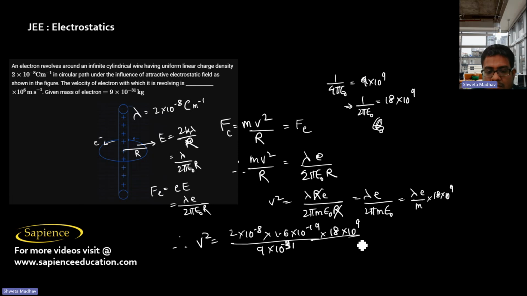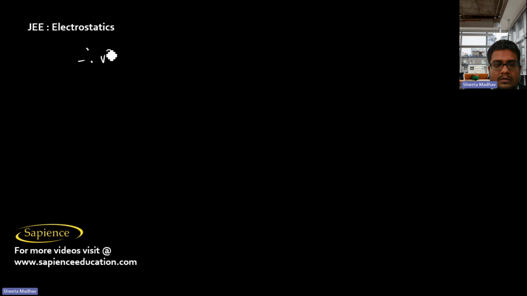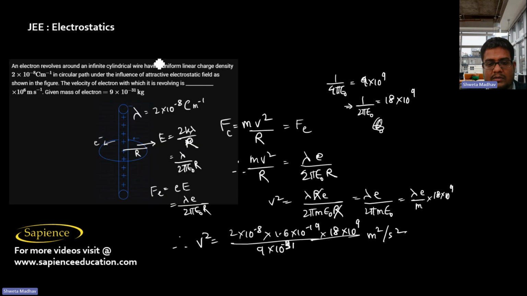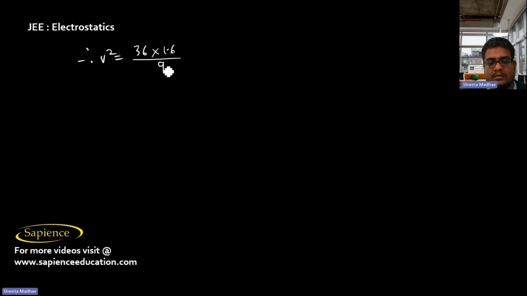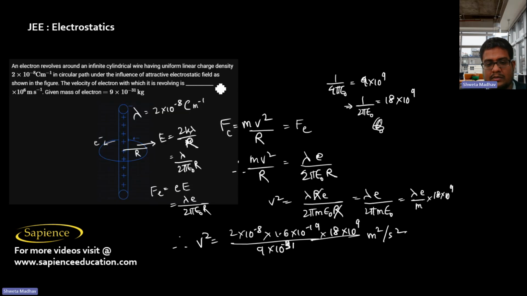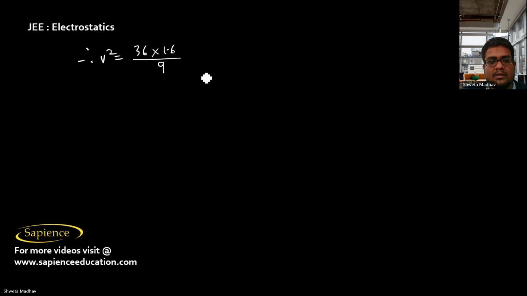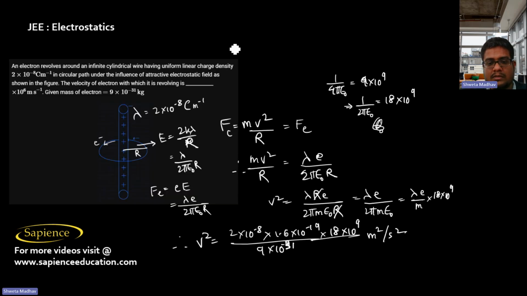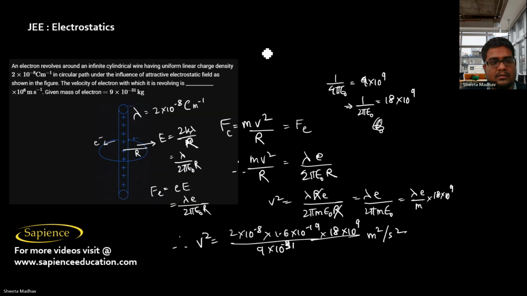So this much meter square per second square. So we have to find the velocity, so it is the square of the velocity. So v square is 36 into 1.6 by 9, into 10 power 31 plus 9 minus 8 minus 19.